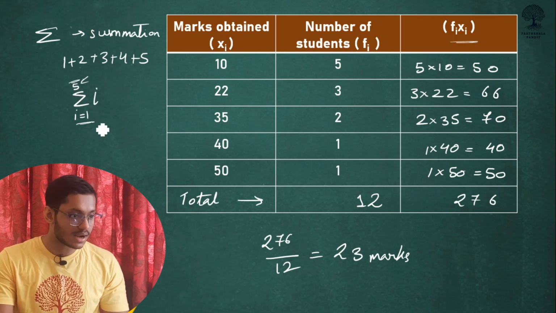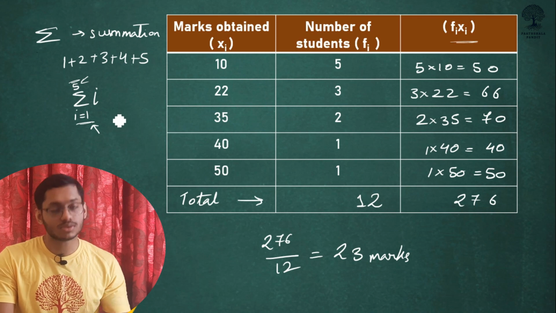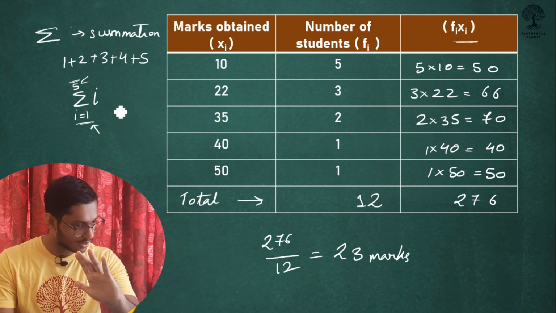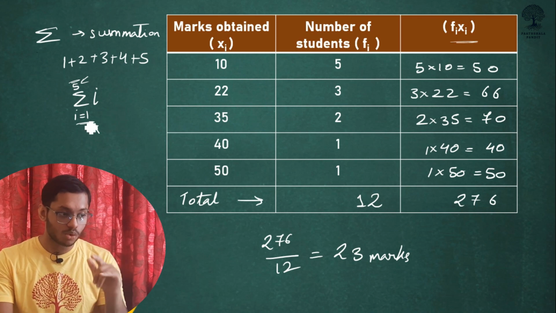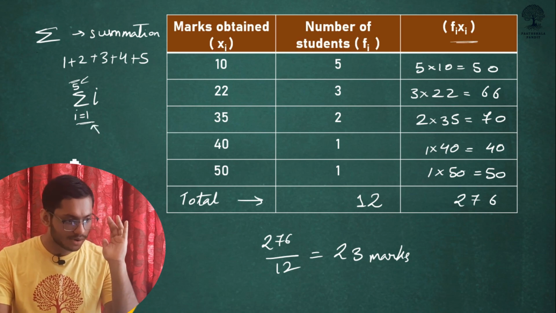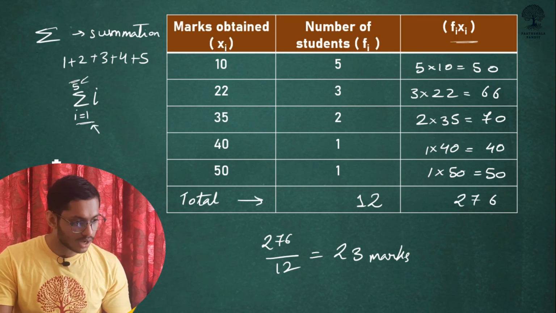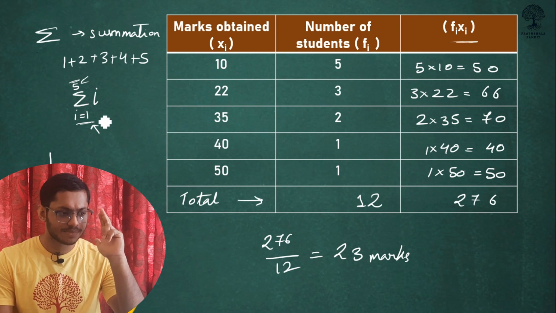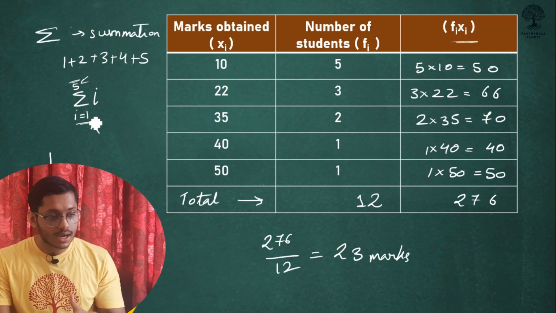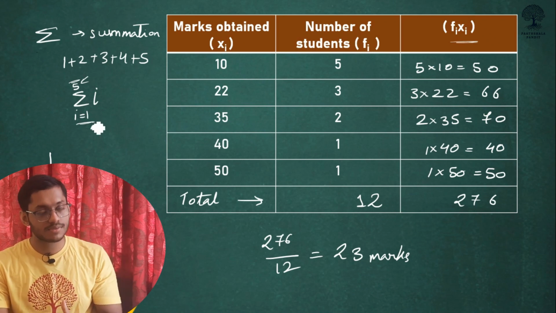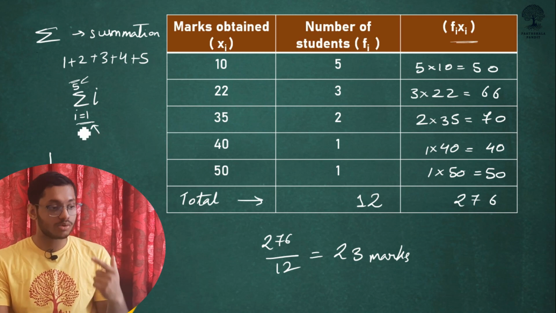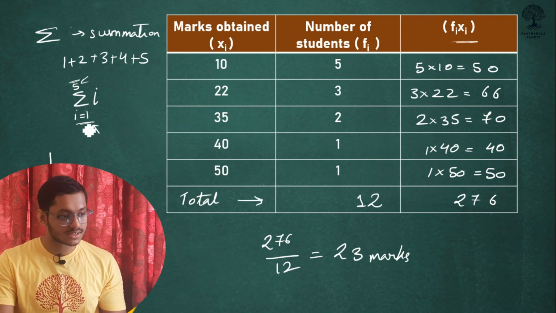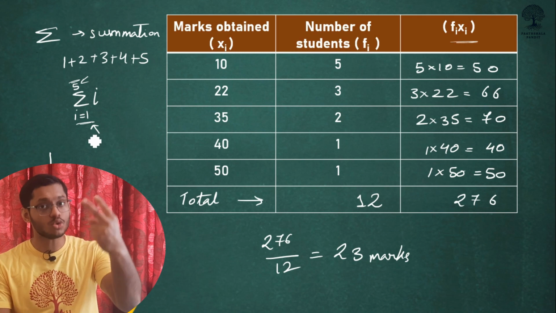So if I is 1, then I will have to put 1 here. Then if we want to go ahead, we will have to increment, or add 1 to this number, so it becomes 2.